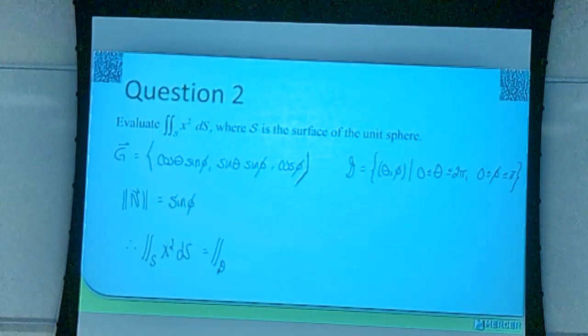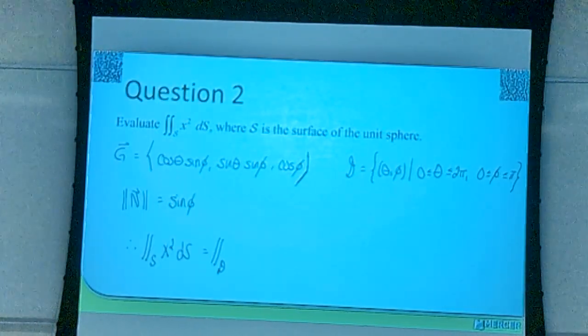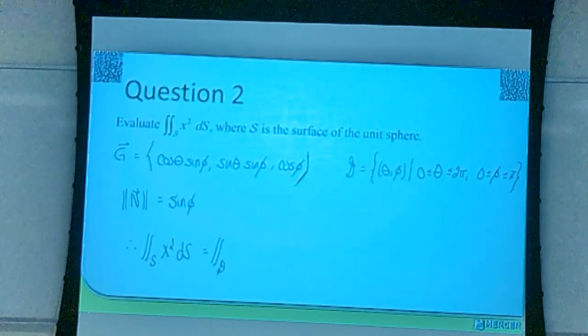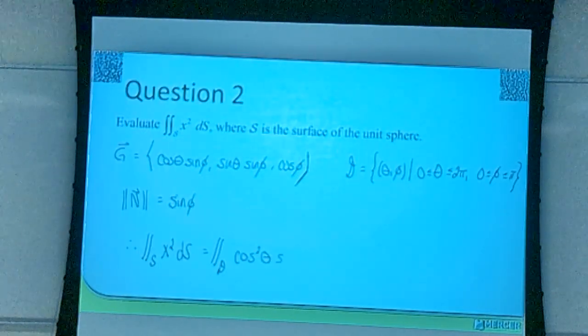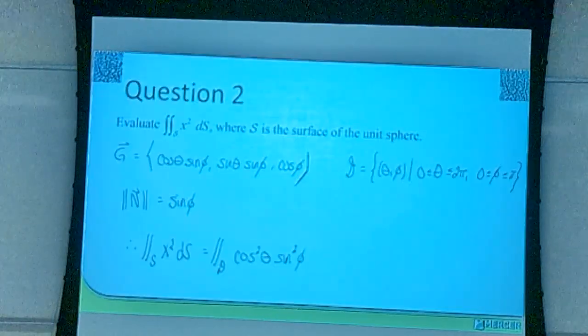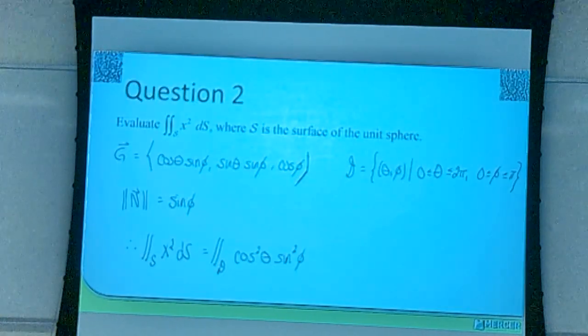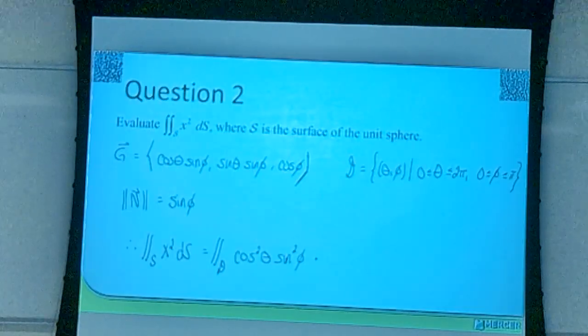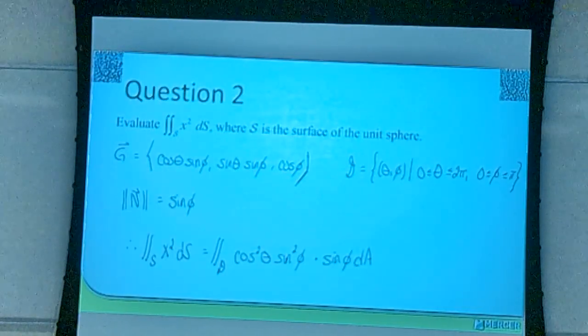This is the double integral over D of x squared evaluated along G. dS becomes sine of phi dA.